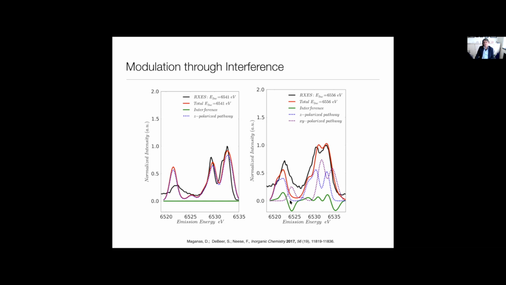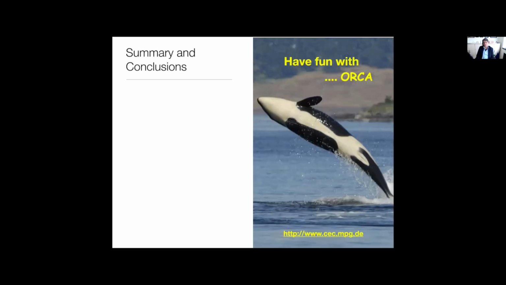You see that here is the XY polarized pathway, and there the interference terms are big. Again, this is a complicated paper and a complicated analysis. I only wanted to scratch the surface here and say that you can use these calculations now. ROSES and all of the other tools are available in order to calculate that. And you can also use that to get insight into the origin of these features.